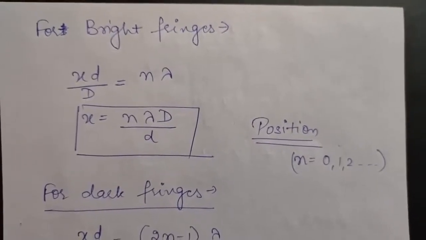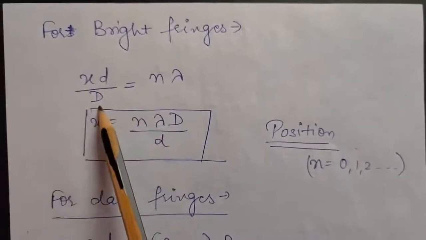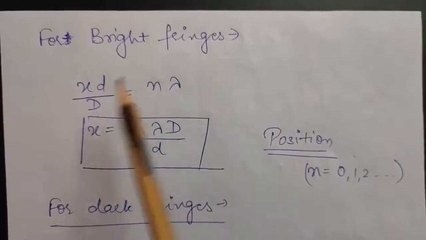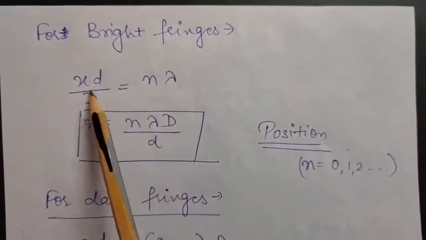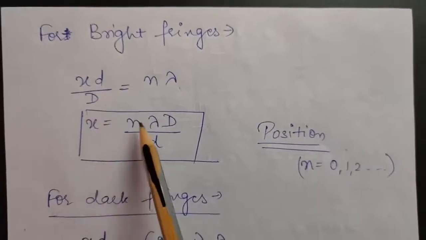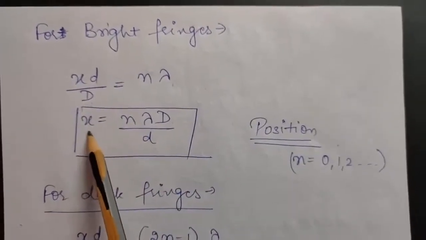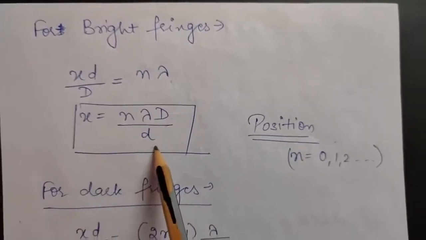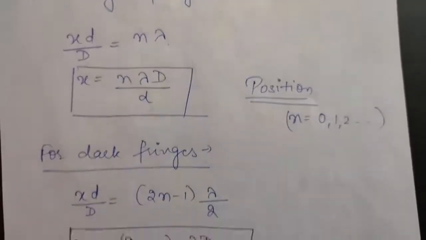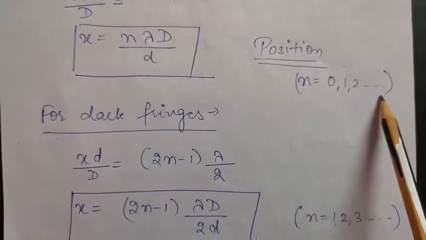And as we have calculated the general form of path difference to be xd by D here, that means for a bright fringe, xd by D should be equal to n lambda. From here, calculate x, that will come to be n lambda D by d. So this is the position of point P from your central maxima. Again, n will be 0, 1, 2, 3. This I told you in the previous lecture also.